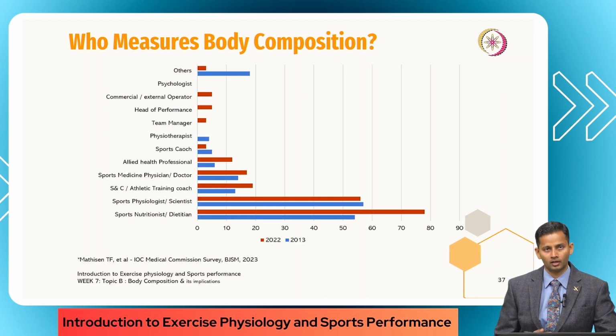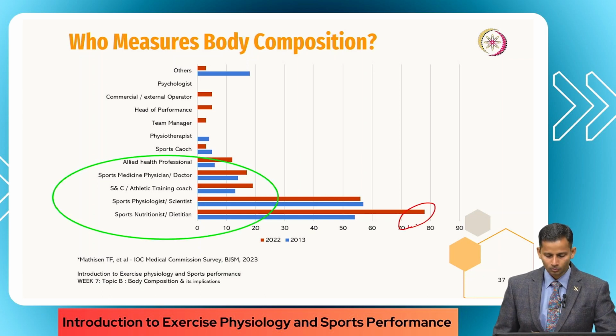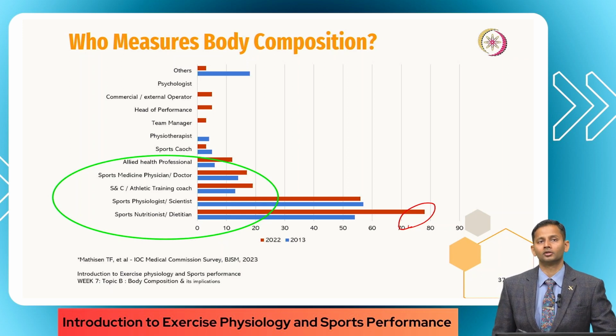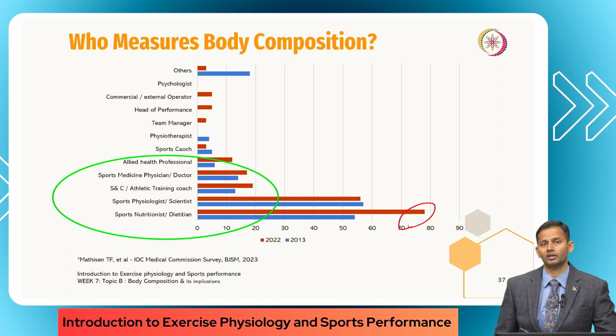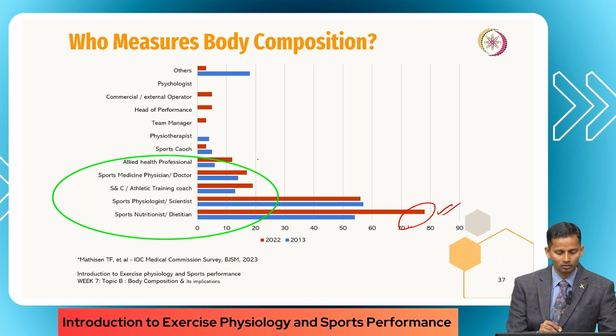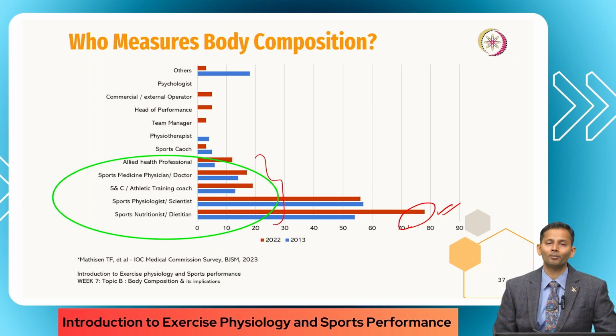In this case again the survey found that sports nutritionists or dietitians have been doing the body composition measurement on their own, which is a very good positive sign. And the predominant share of this measurement is done by the performance team, those who have some expertise in doing the activity. So that again improves the accuracy level as well as standardization.